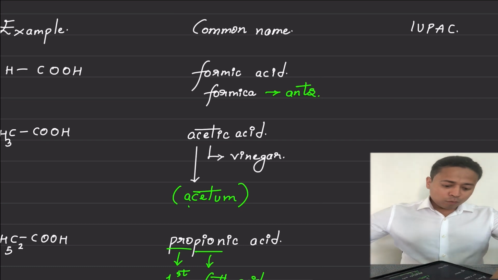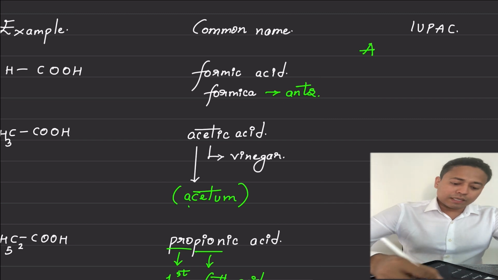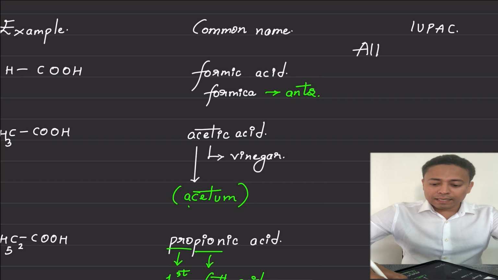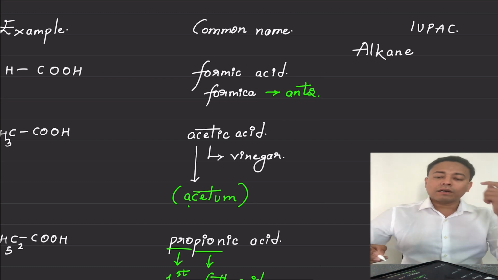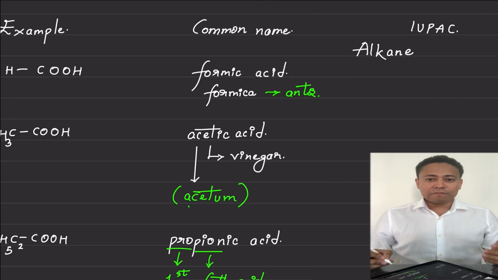Now, the IUPAC names of these carboxylic acids are written from the alkane. I am always supposed to give you hints, and that's the job of a teacher, to make life easier for you and make learning fun.